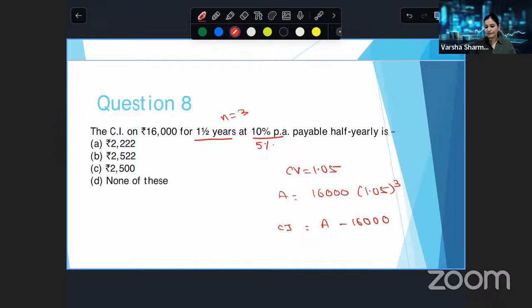Amount is 18,522. If I subtract 16,000, I get 2,522. Any doubts? Okay. So compound interest came out to this. Clear?